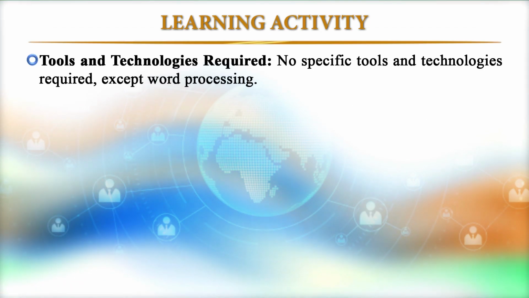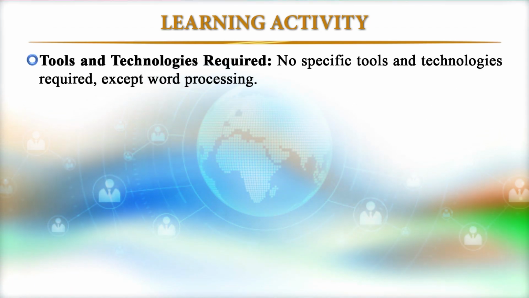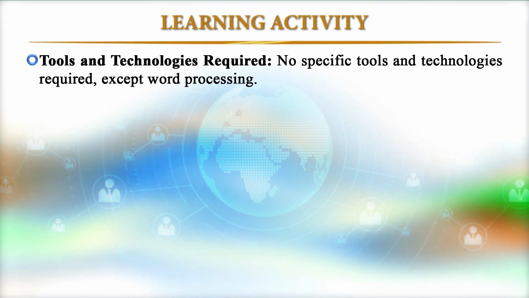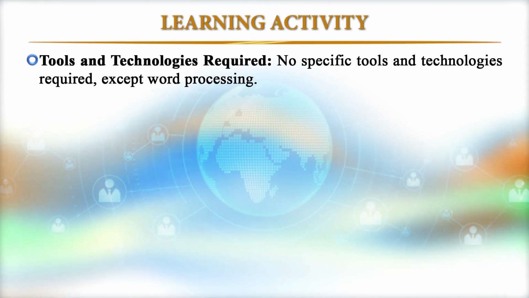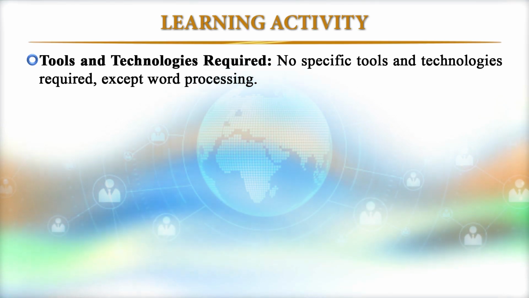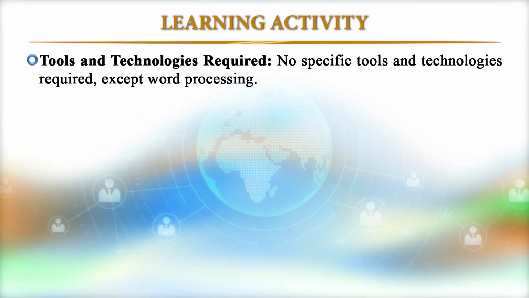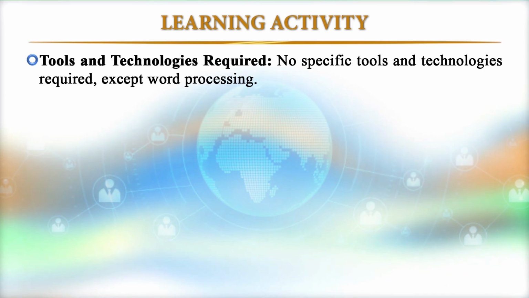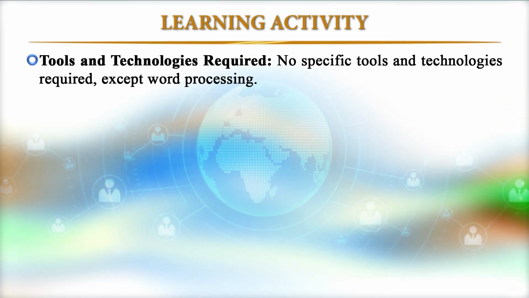And what are the tools and technologies required for this activity? Because you are going to write a report, no specific tool is required. You are requested to work in word processing, and you can submit a Word file or PDF file of your report.